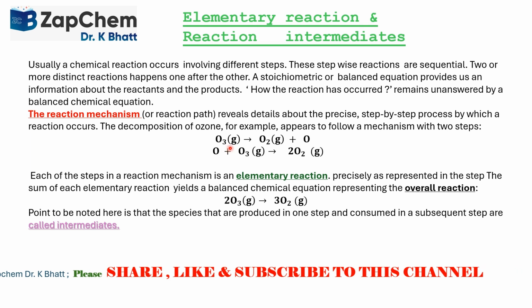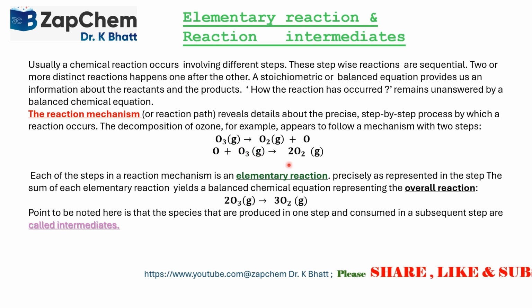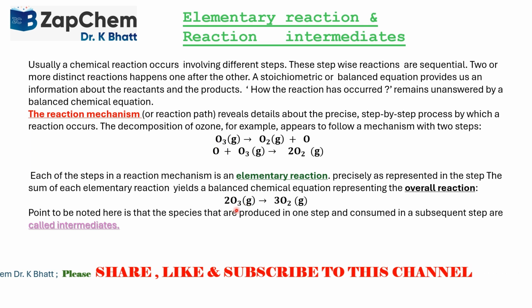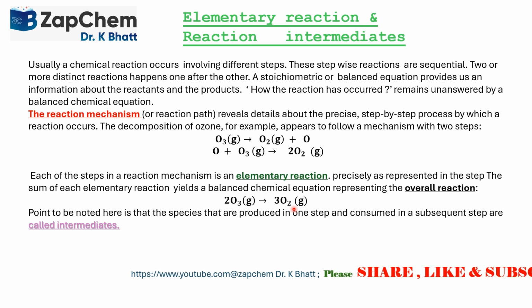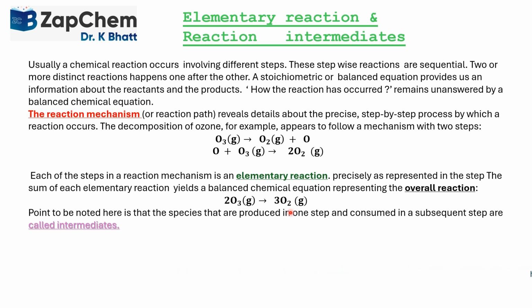Ozone, of course, we know it is O3. Gaseous ozone is converted to oxygen on decomposition. So in the decomposition of ozone, two molecules of ozone give three molecules of oxygen. But how? It doesn't occur by the collision or interaction of two molecules of ozone together.